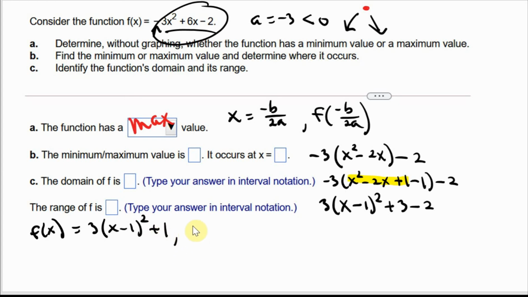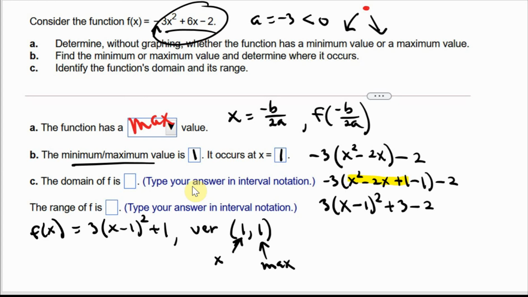So that means that the vertex is 1, 1. So what does that mean? That means that the x value is 1, and then the function value, that max, that's what they're talking about. Luckily for us, we get the same numbers, but you understand that the x value where this maximum occurs, that's 1, that's the first value, and then the y value goes here. Well, just for us, it happens to be the same. 1, 1, that is.